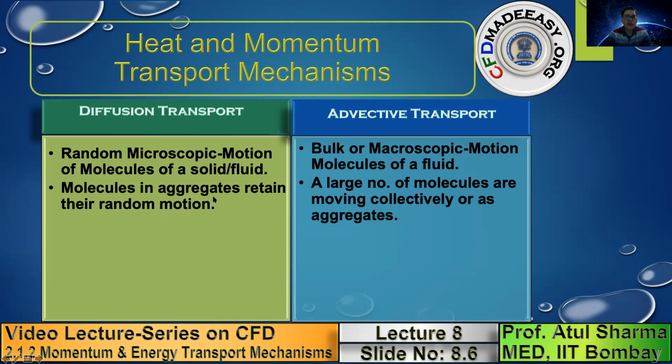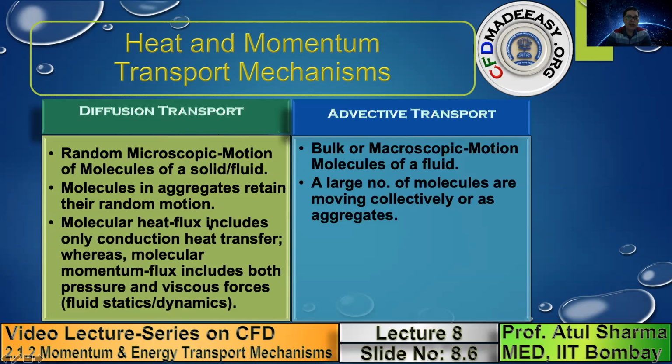So although we are presenting diffusion and advection separately, note that when bulk motion occurs, when you have a mass flow rate, you have advection transport while the molecules also move in random motion. The combination of advection and diffusion is what is called convection, where along with the macroscopic bulk motion, you have a microscopic molecular motion in random directions.